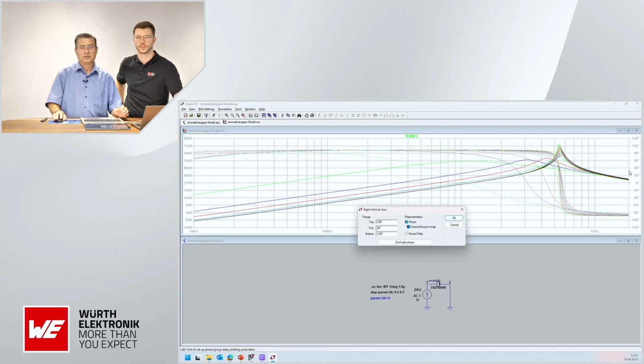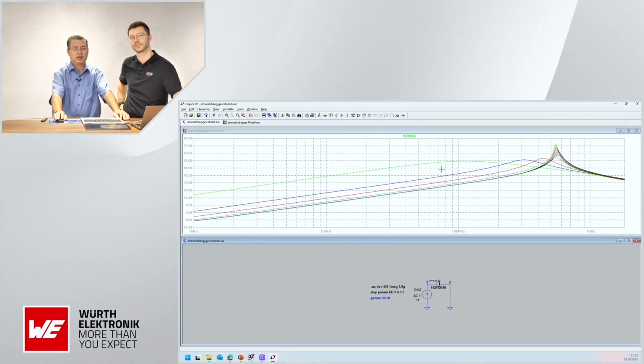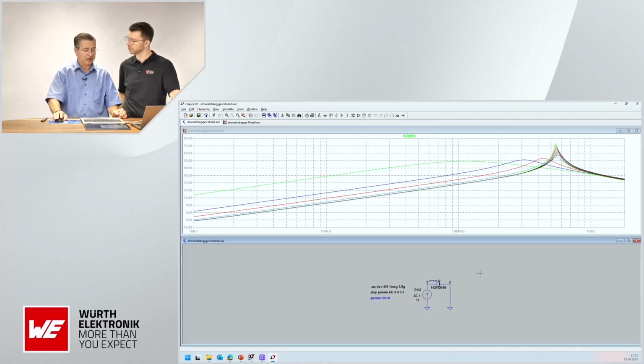I don't want to see the phase. I have here exactly the impedance at 0 DC bias. This is a step parameter from 0 amp to 6 amp in 0.5 steps, and you can see the saturation happening very fast. I chose a ferrite bead with quite fast saturation because it's small, 0805 size.